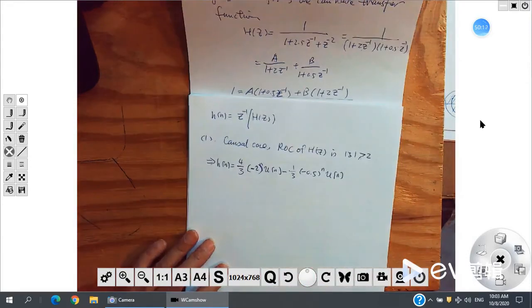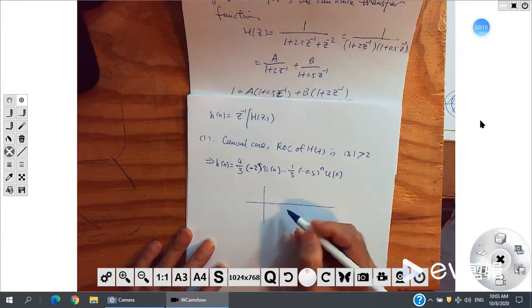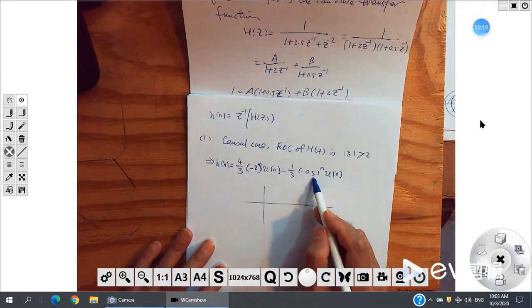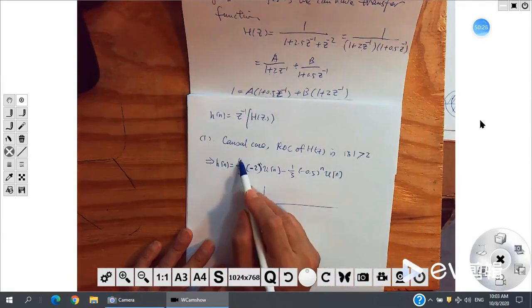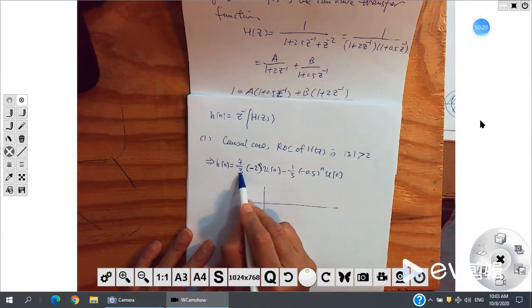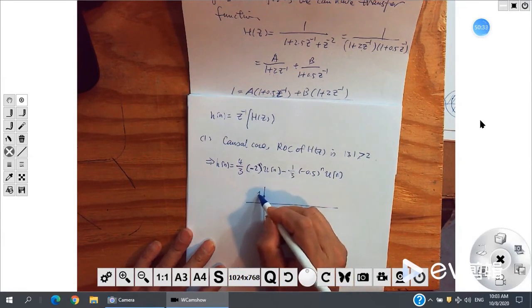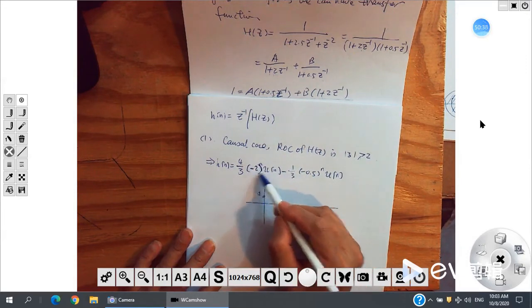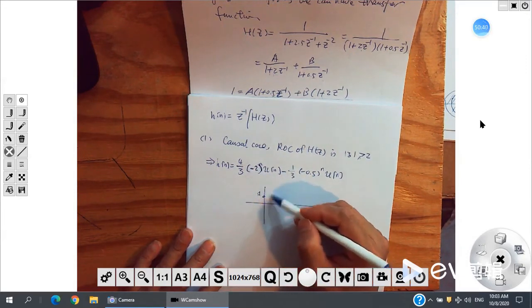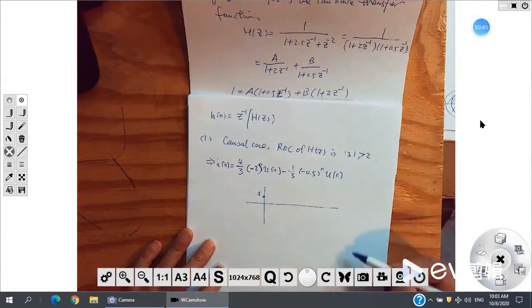We have the impulse response. This impulse response looks like a combination of these two. When n is 0, you have 4/3 minus 1/3, so it is 1. Then you see, when n increases, the first one goes up and down, up and down, larger and larger, more and more.